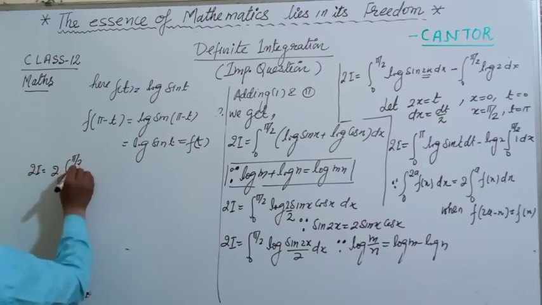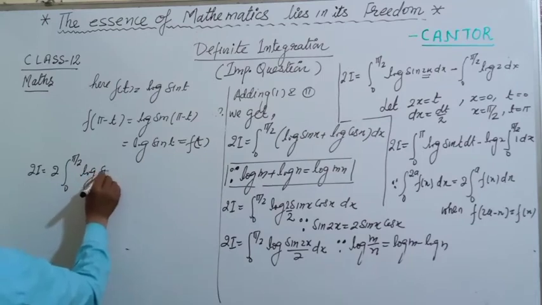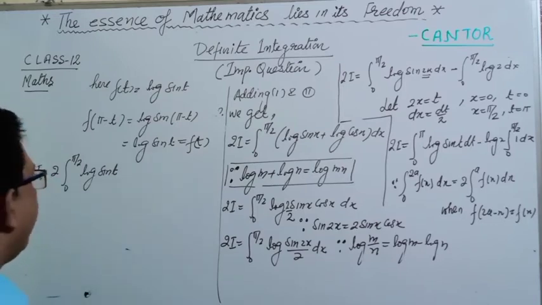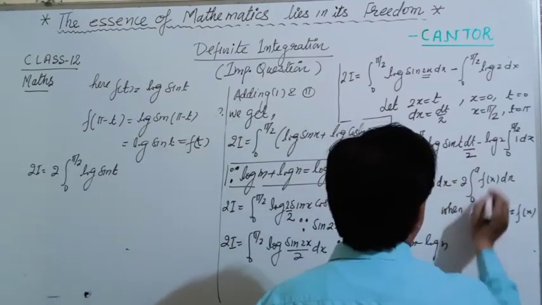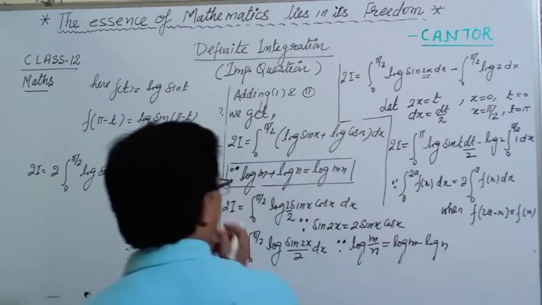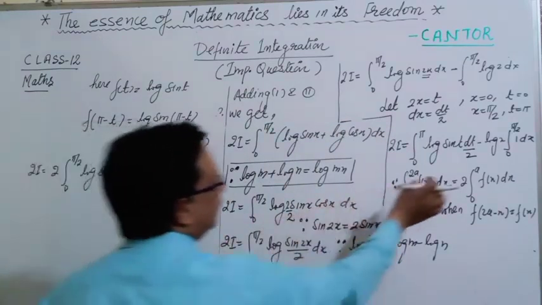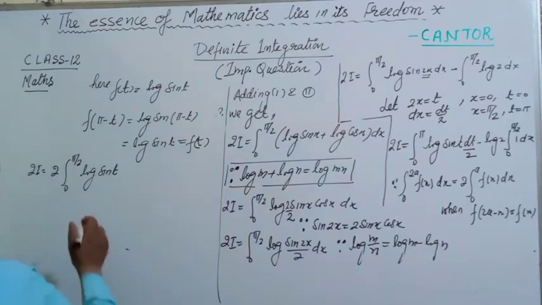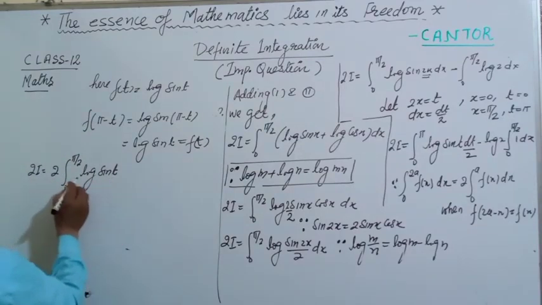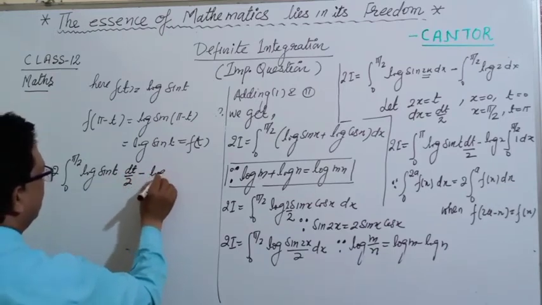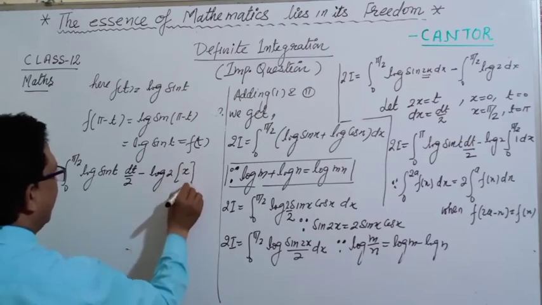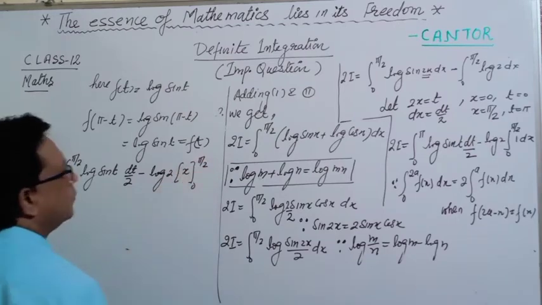0 to pi by 2 log sin t. Sorry, this dt by 2 is left here, so you apply dt by 2, minus log 2, and this is x from 0 to pi by 2.